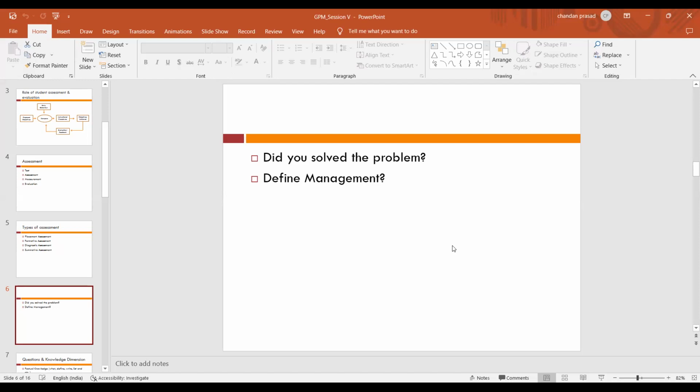And it's not that easy to construct one MCQ, because the student has to select one particular answer from a group of several alternatives.